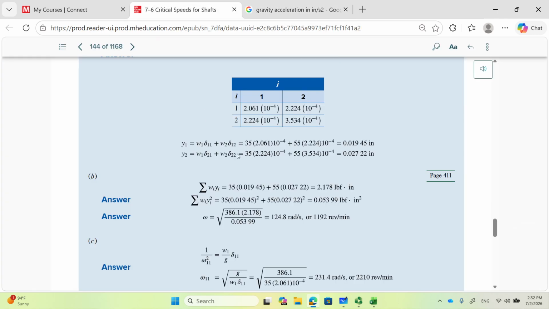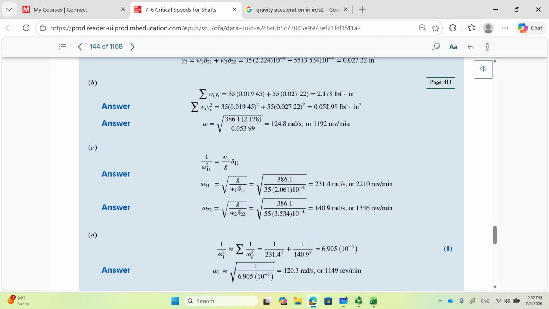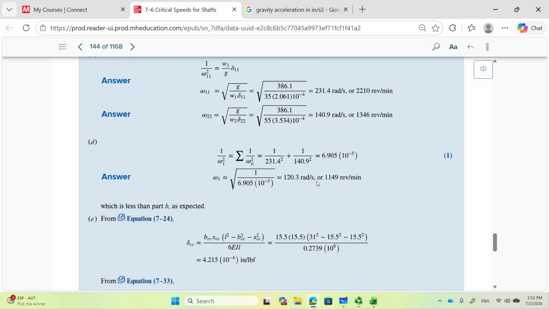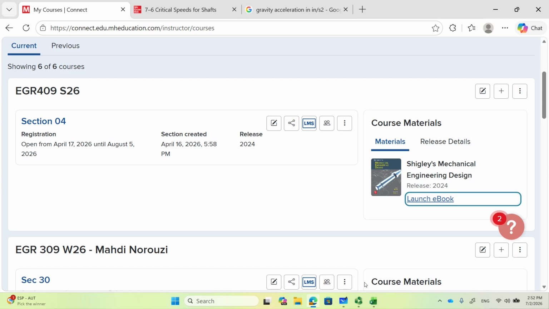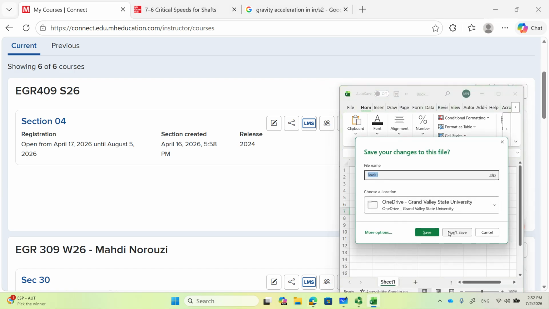Alright, so let's see it. Yeah, I have it slightly off from what the book has, because the book is using another way, superposition, to do this. We use the answers, but they're close. So, alright, this is how it works using answers.